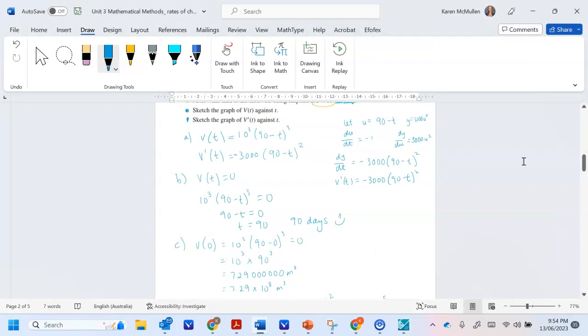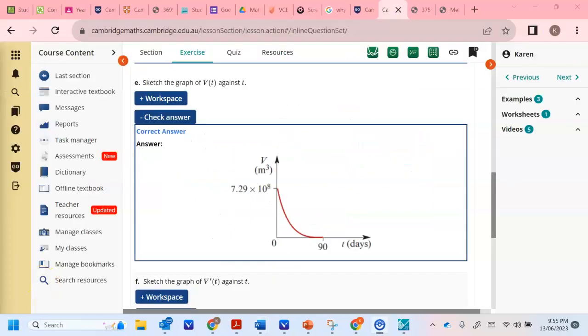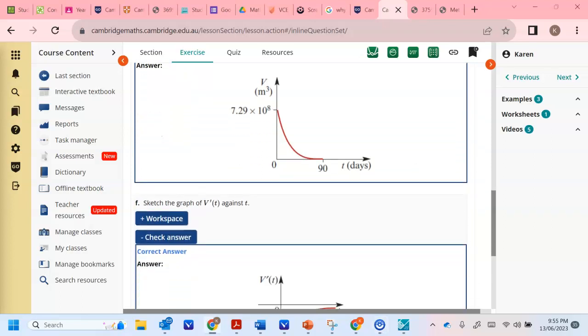All right, so there's your graphs. Maybe I'll show you what it looks like on the solutions. It's a little bit better here because I haven't graphed them on the same set of axes. Here we've got V against T. You can see our initial volume when the reservoir was full, and then it's being emptied, and at 90 days it's empty.